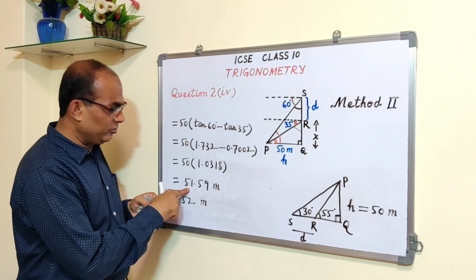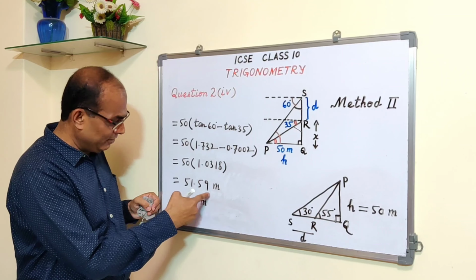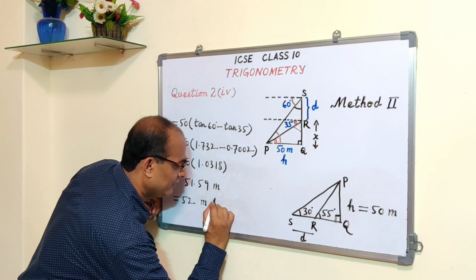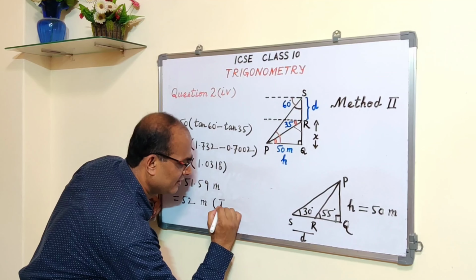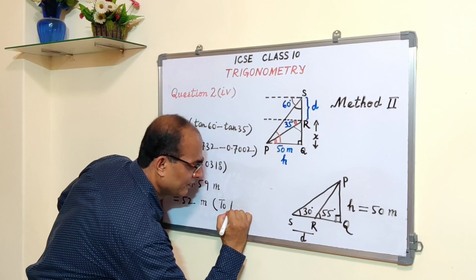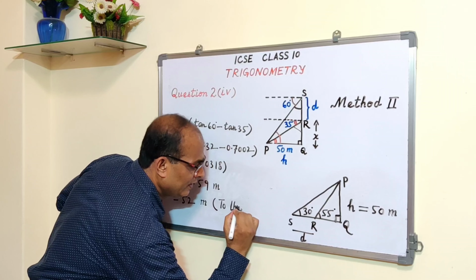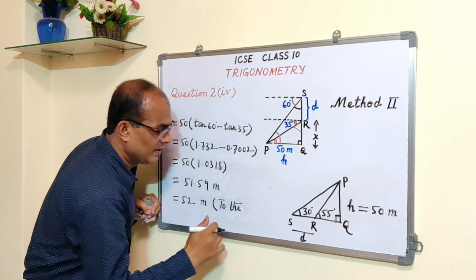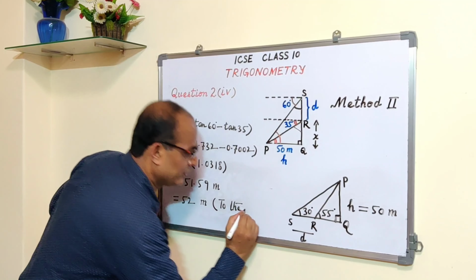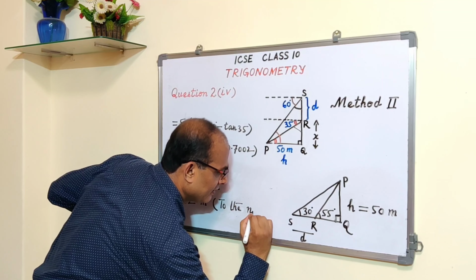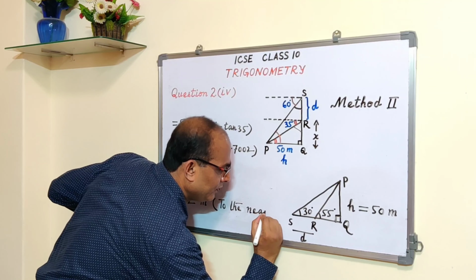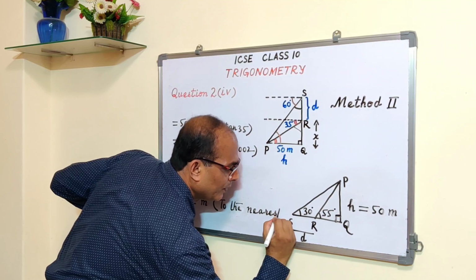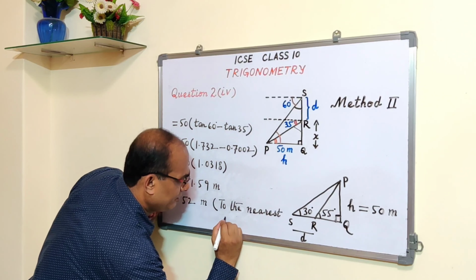To the nearest meter, because 51.59 is more than 51.5, which is close to 52.